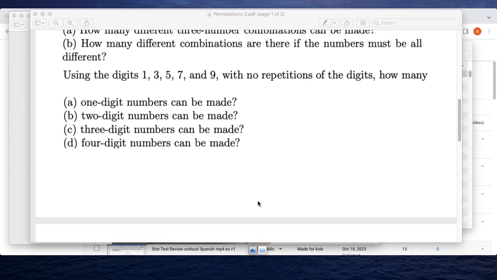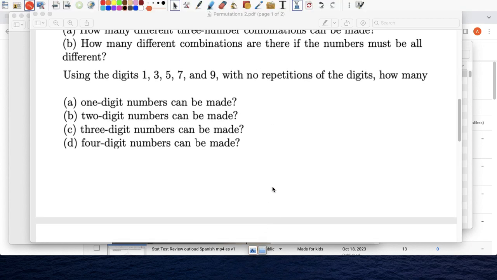Okay, you have the digits 1, 3, 5, 7, 9. No repetition. So how many one-digit numbers can you make? Again, I'll do it just because we're doing permutation. So we have 5 numbers taken one at a time. How many different arrangements can I have?